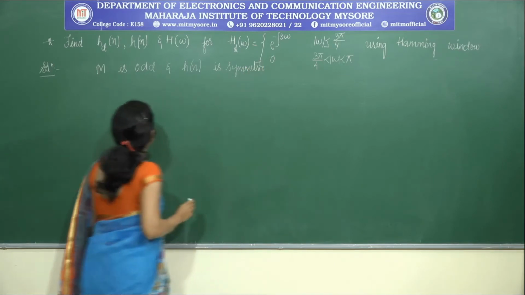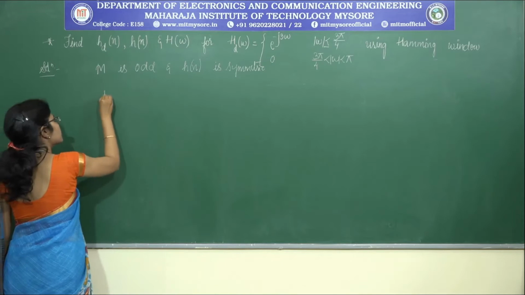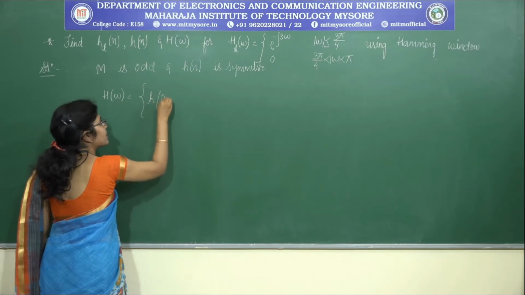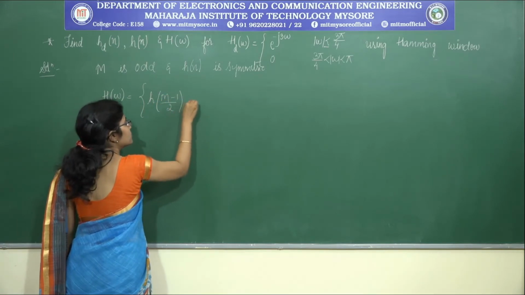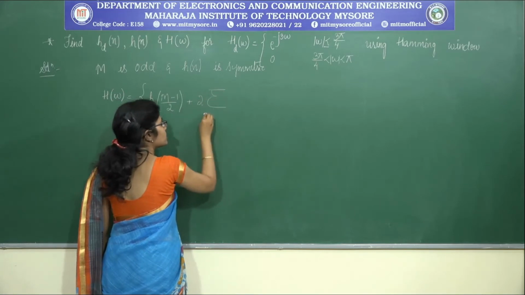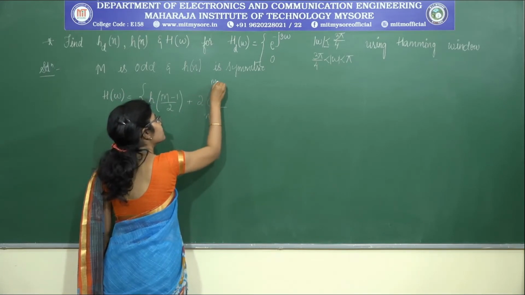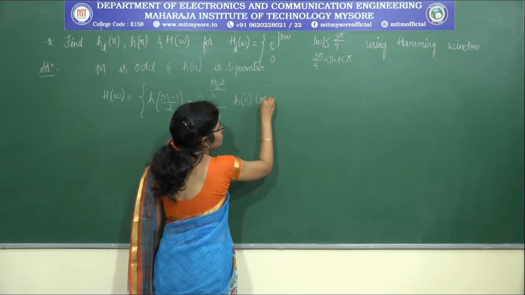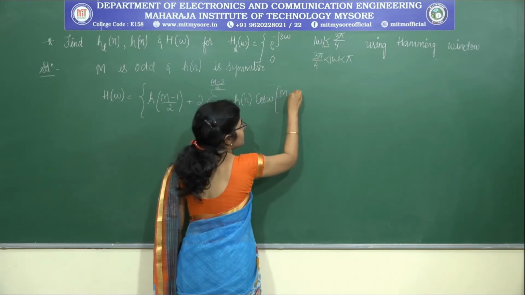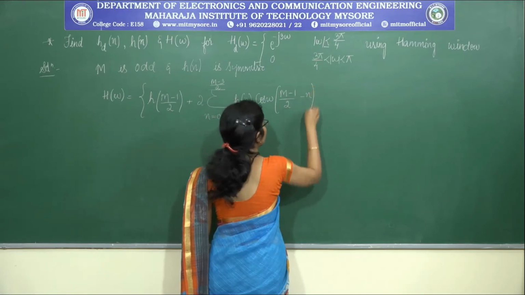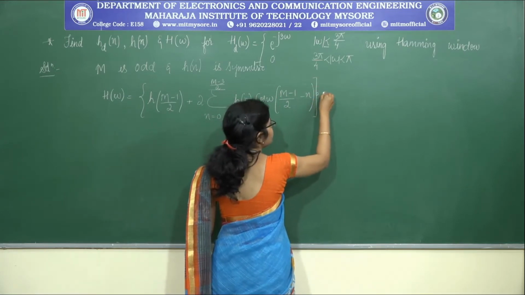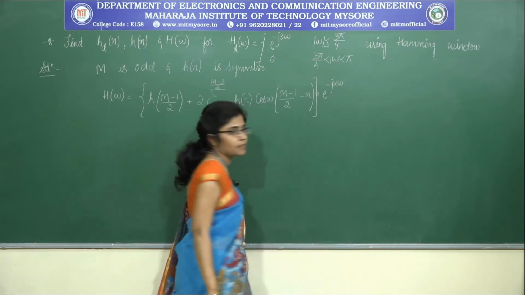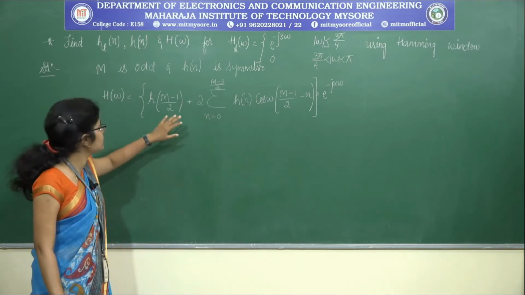So for this condition, the standard expression for h of omega is equal to h of (m minus 1) by 2 plus 2 summation n ranging from 0 to (m minus 3) by 2 of h of n into cos omega ((m minus 1) by 2 minus n) into e power minus j alpha omega. Okay. So whatever value we know, we will substitute in this equation.